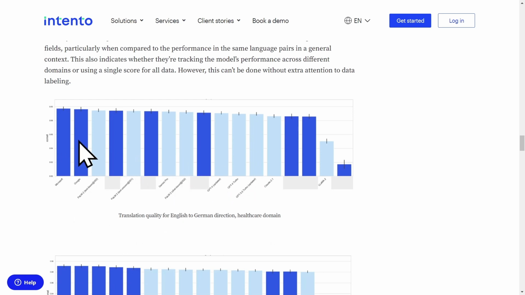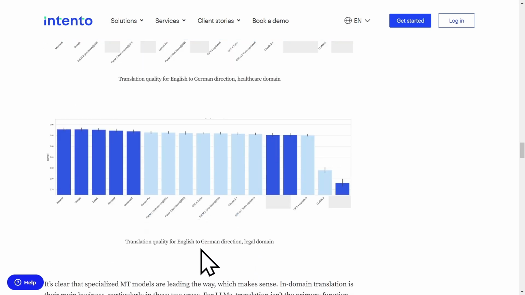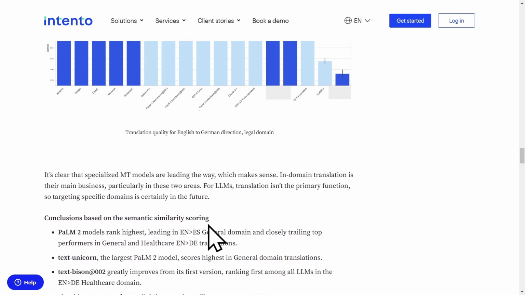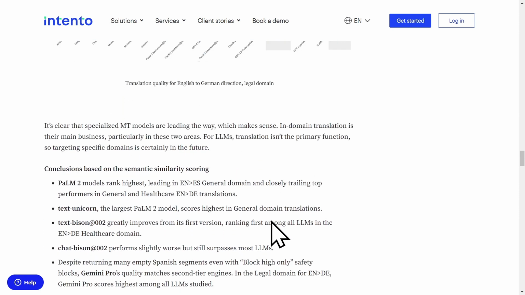It seems that MT has an advantage when you're dealing with the healthcare domain. That's in English to German, and that is seen even more when you're doing English to German for the legal domain. So there seems to be a trend here that some MTs will be better regarding quality.